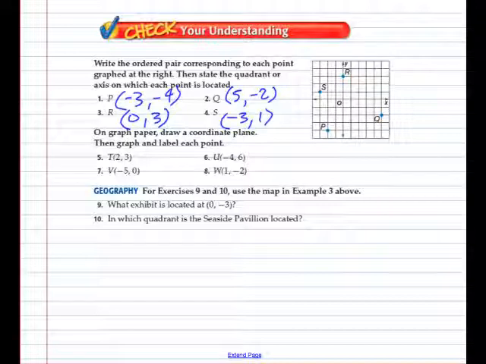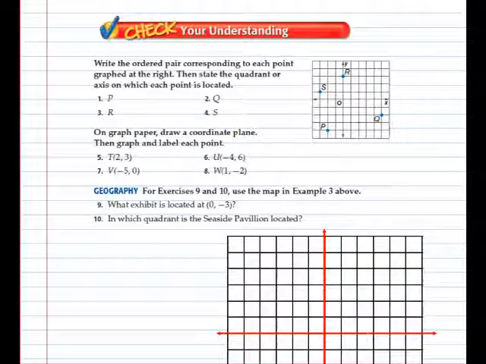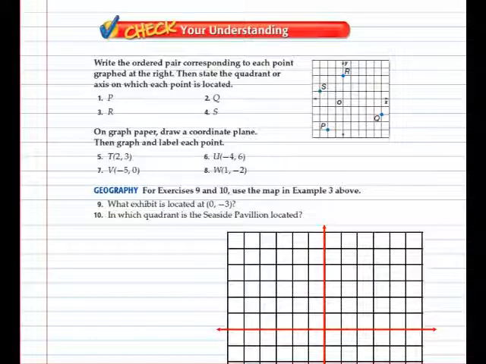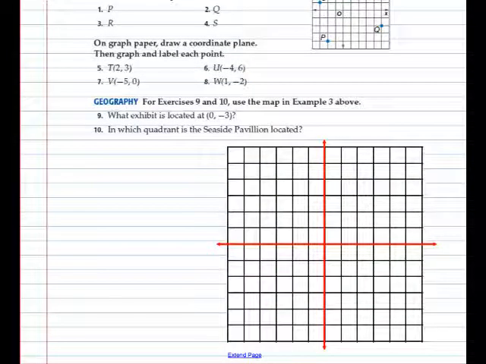On graph paper, draw a coordinate plane, then graph and label each point. So we're going to use this graph paper. 2, 3 would be 2 to the right, up 3. 2, 3 would be point T right here.